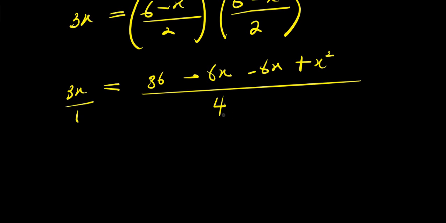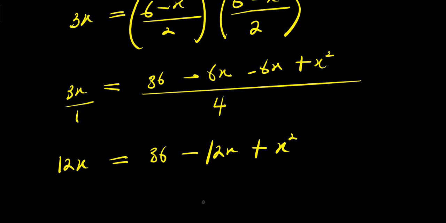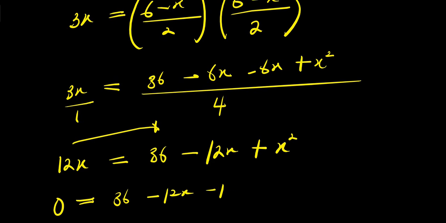This over 1 equals, multiply 4 times 3x. This is 12x equals 36 minus 6x minus 6x, it is minus 12x, plus x squared. I move this over here. I have 0 equals 36 minus 12x minus 12x again plus x squared.